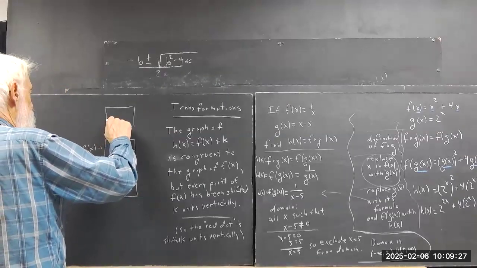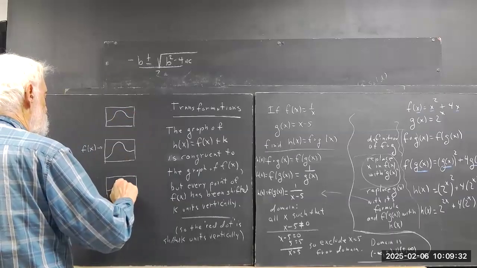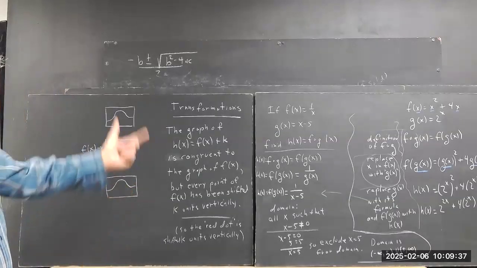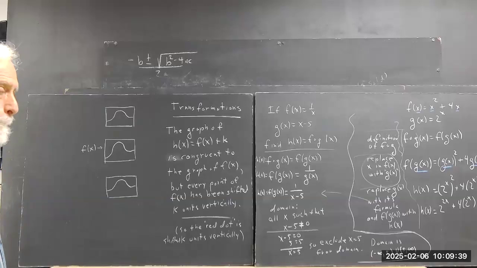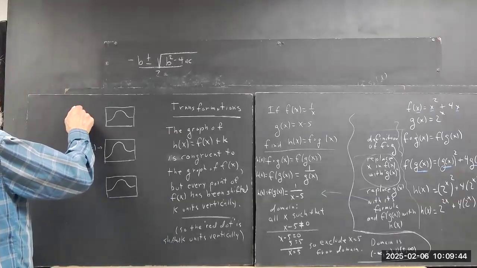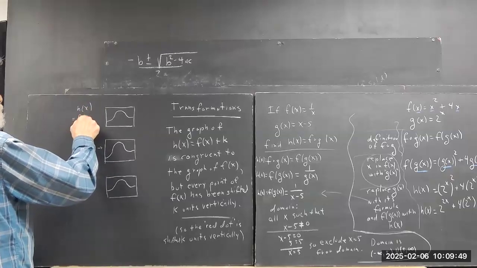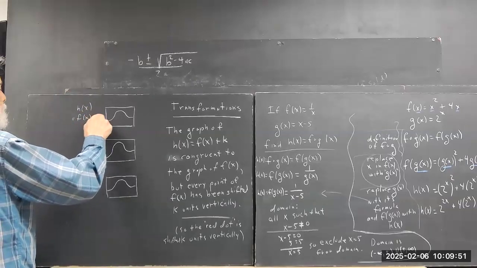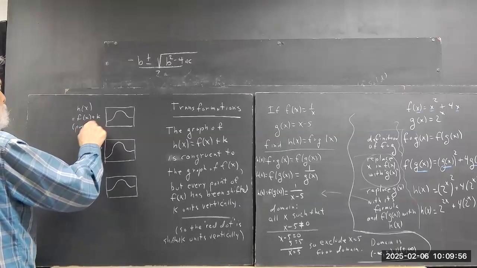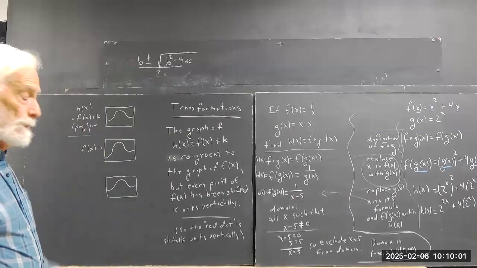As best I can make the shapes the same. So this would be h of x equals f of x plus k for positive k. The whole window.